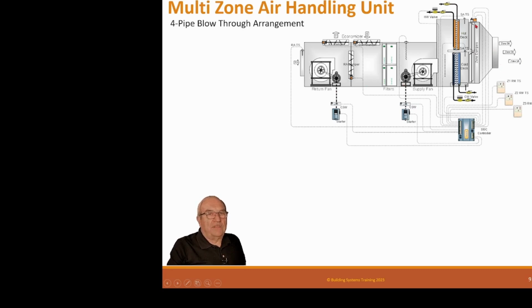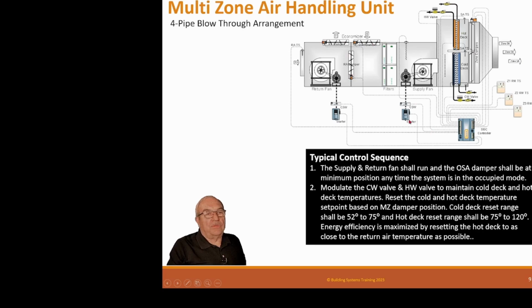And then it has 3 damper systems up here and 3 duct systems up here to go to these spaces. It has a hot deck temperature sensor, a cold deck temperature sensor, a mixed air temperature sensor, and a return air temperature sensor to be able to run these. It has a modulating valve on the cold deck, a modulating valve on the hot deck, and of course economizer actuators.